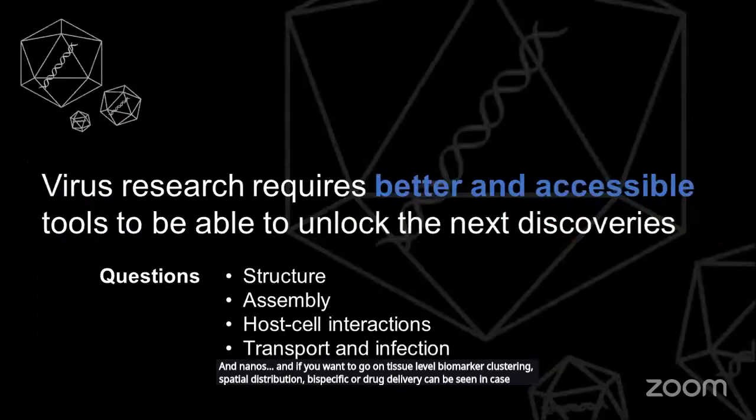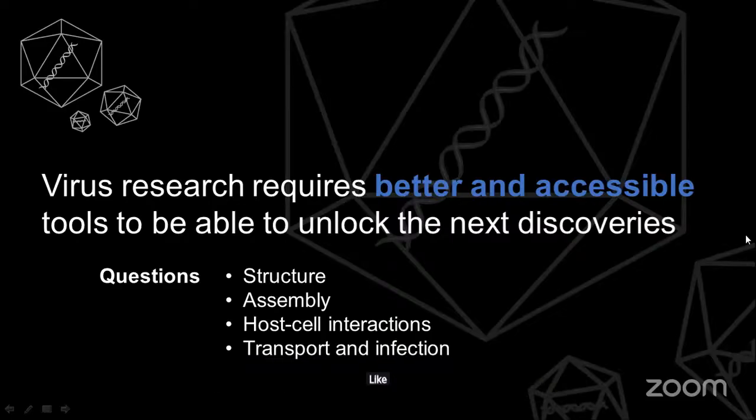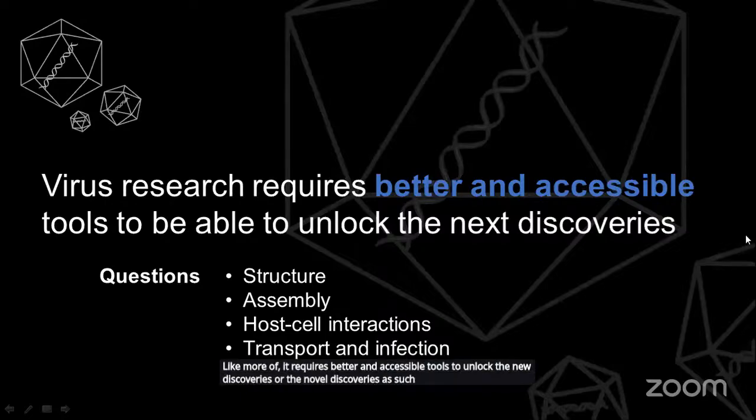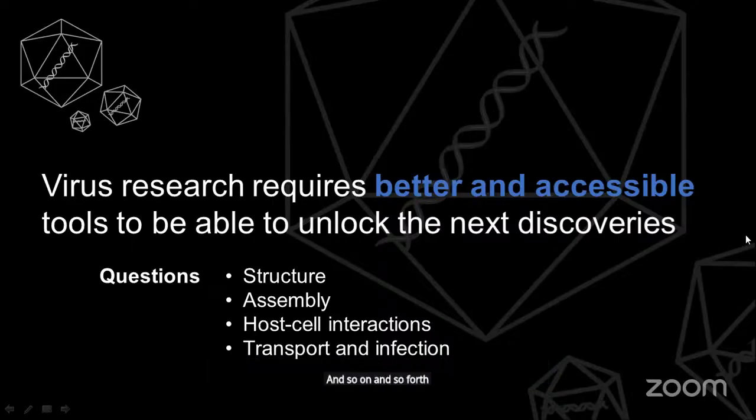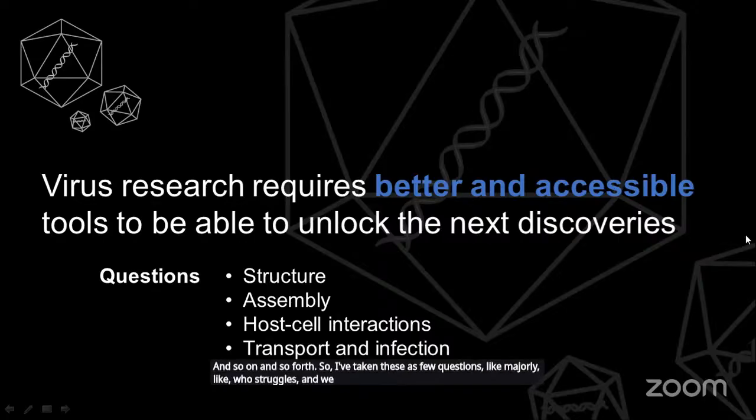When it comes to virus, it requires better and more accessible tools to unlock novel discoveries, because most researchers struggle to elucidate the structure, assembly mechanism, host cell interaction, transport, and infection. I've taken these as a few questions on who struggles, and we have tried to demonstrate how it was easily addressed.